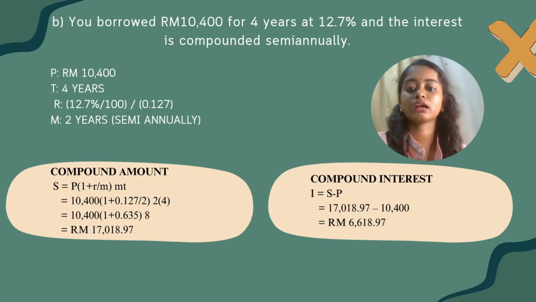So you get RM 17,018.97. So the next one is compound interest. I equals S minus P. So you get RM 6,618.97.